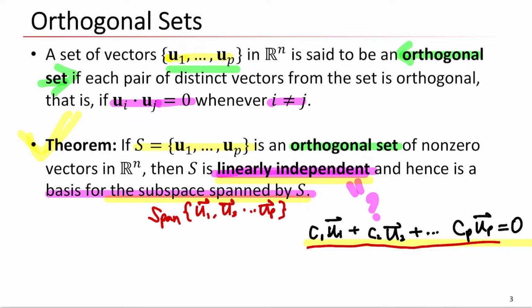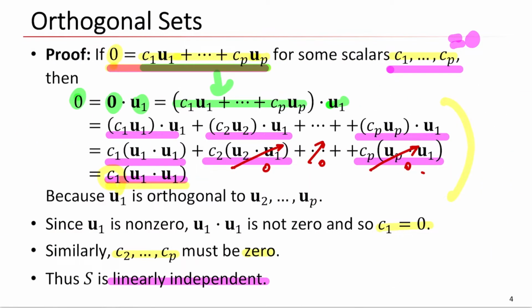So this is the subspace spanned by S. Let's say this subspace is W. So a basis for W is u1 through up. So this is the theorem for the orthogonal set, right?